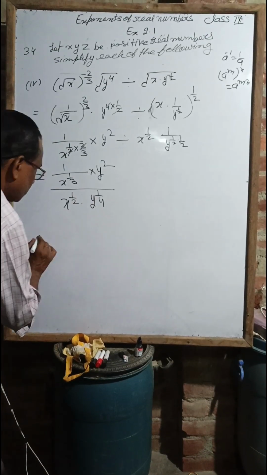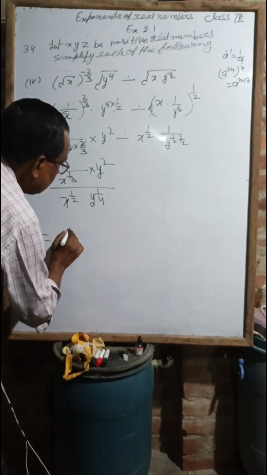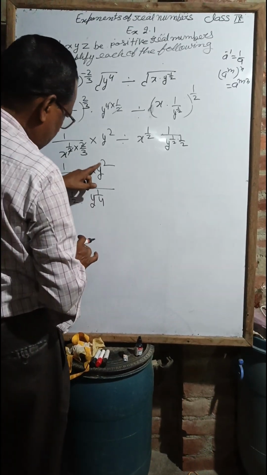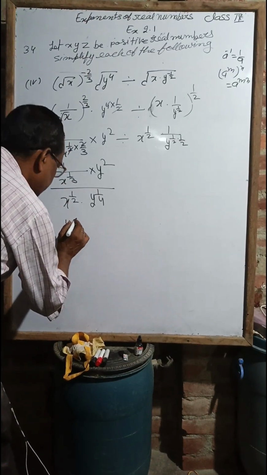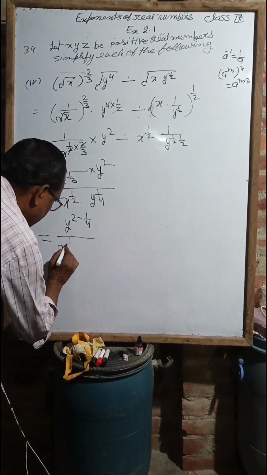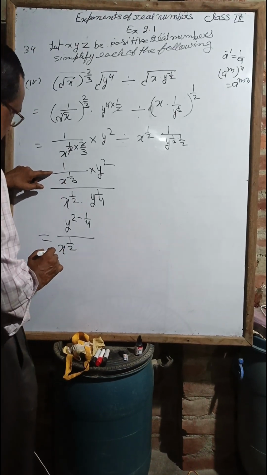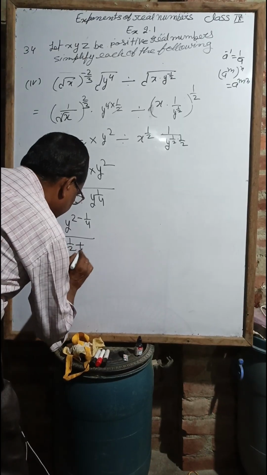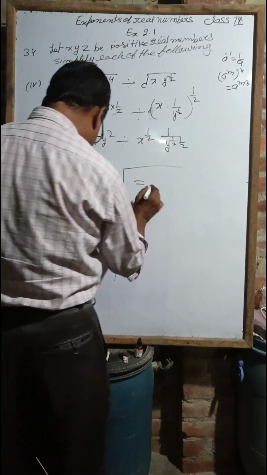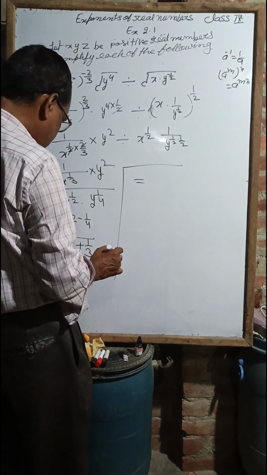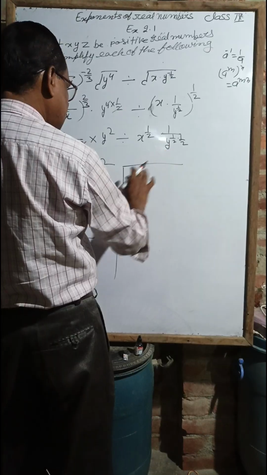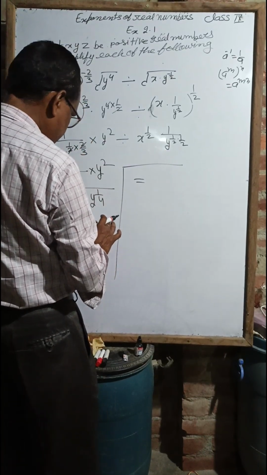So is equal to y to the power 2 minus 1 over 4 upon x to the power 1 over 2 in division plus 1 over 3. y power in division minus, this will be plus.